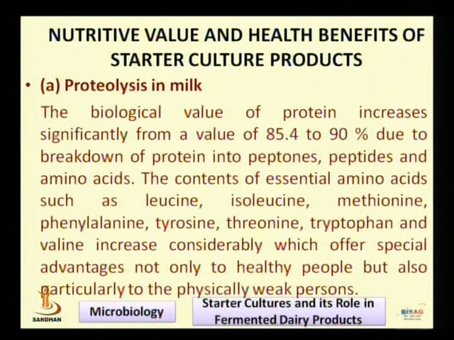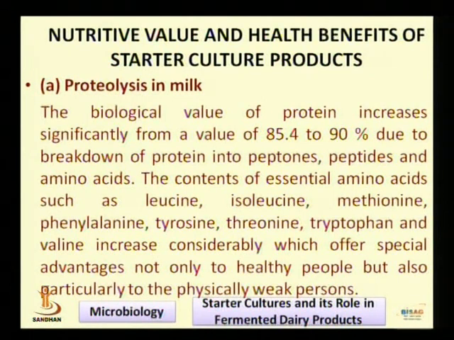We should also consider the nutritive value and health benefits of starter culture products, in which we'll start with proteolysis in milk. The biological value of protein increases significantly from a value of 85.4 to 90% due to breakdown of protein into peptones, peptides, and amino acids.